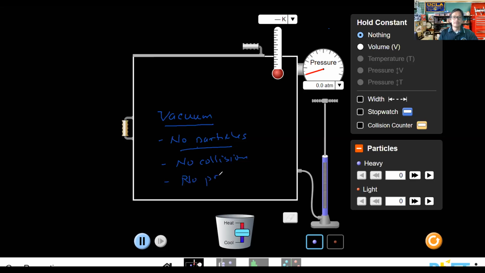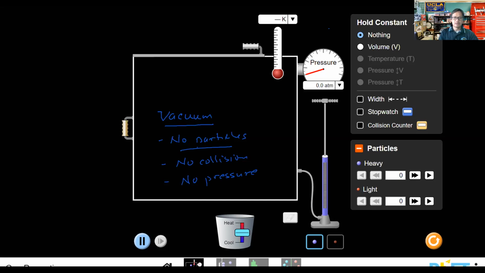Therefore, if there are no particles, there can't be any collisions, and if there are no collisions, then we can't have any pressure. So that's why the pressure gauge reads 0 here. Hopefully you had a chance to answer that, so please make sure you write this down.